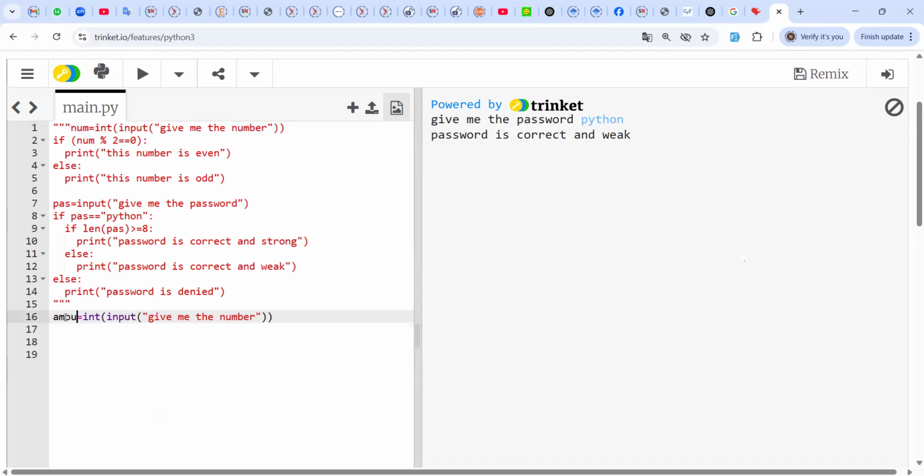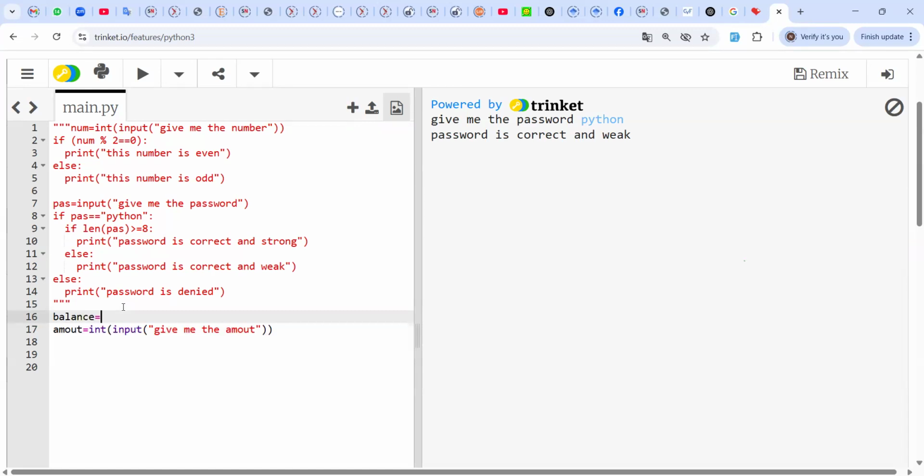So the amount is, and give me the amount, the amount of money you want to withdraw from the bank, okay? And I have to give him my balance.